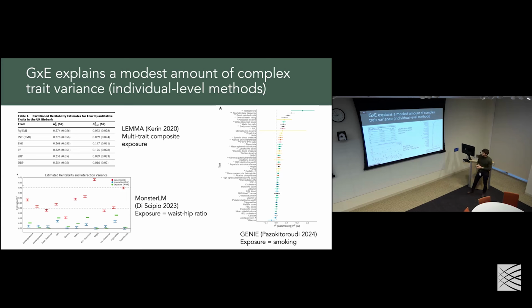This was a paper from just last year that was looking specifically at smoking interactions. And they had an interesting way, although they did report raw heritabilities, if you will, they also thought it would be interesting to report a ratio of variance explained by G by smoking interactions for each of these outcomes as a fraction of the overall variance explained, this H squared in general.